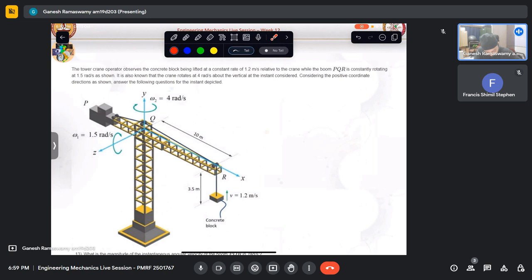So this is rotating like this. Can we identify what this direction is? When we curl our fingers, it is pointing in the minus z direction. So omega 1 is minus 1.5 k cap. Let us write that down: omega 1 vector is minus 1.5 k cap.